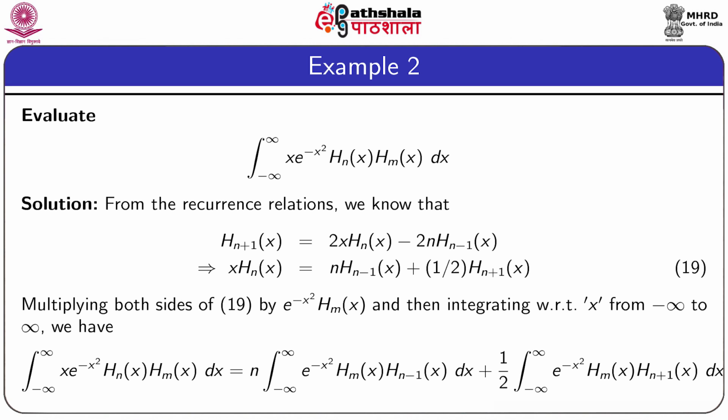We next multiply equation 19 by e to the power minus x square H_m(x), and then we integrate with respect to x both sides from minus infinity to plus infinity.